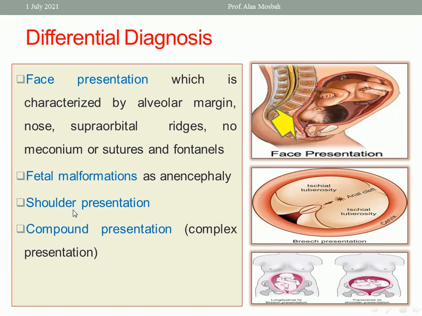Also another malpresentation, which is shoulder presentation, and compound or complex presentation, in which one fetal limb lies beside the head, like a hand beside the head. Of course we can differentiate hand from foot by the presence of long fingers in the hand, short toes in the foot, and the presence of the heel in the foot.